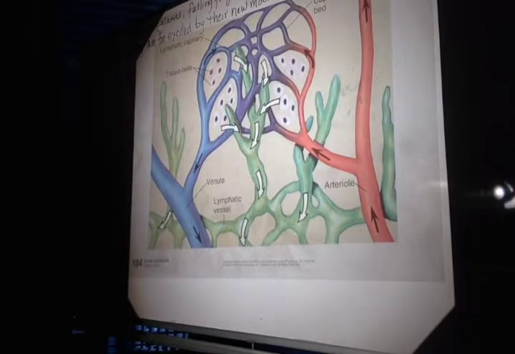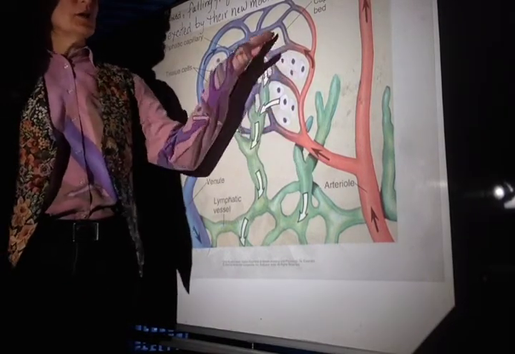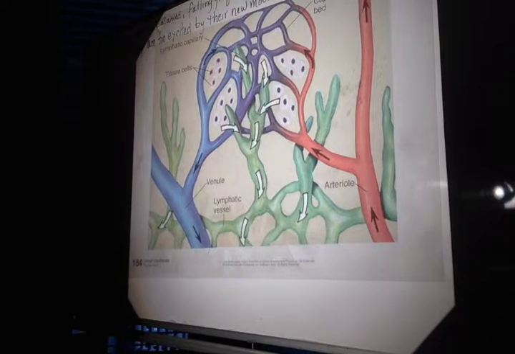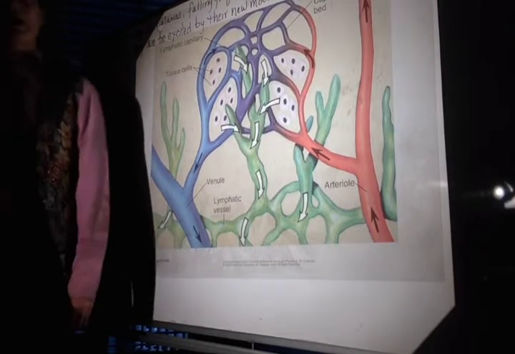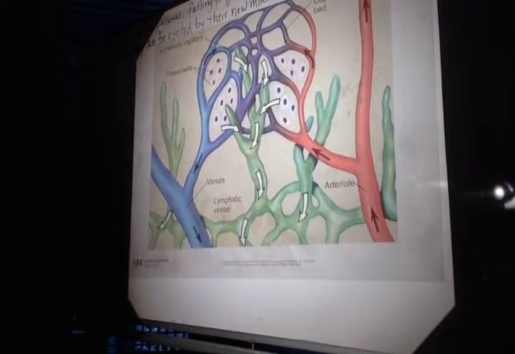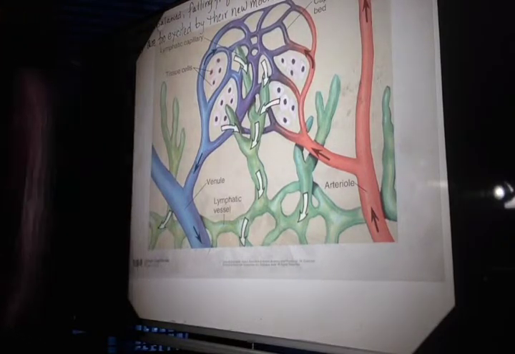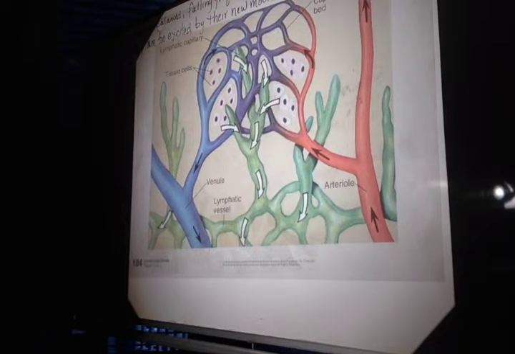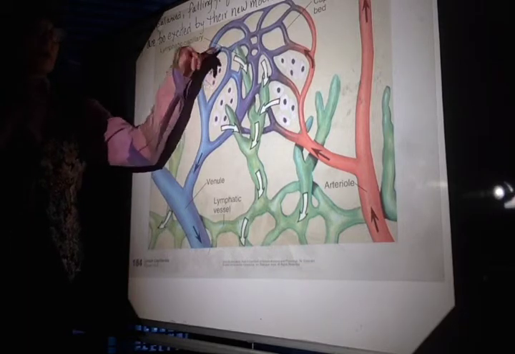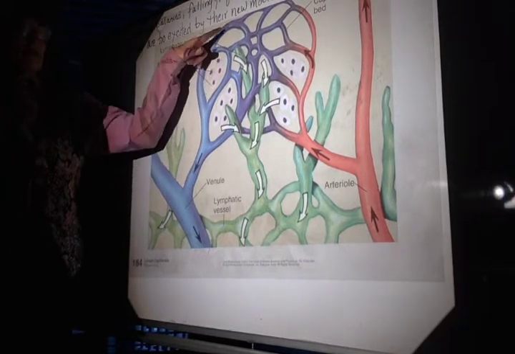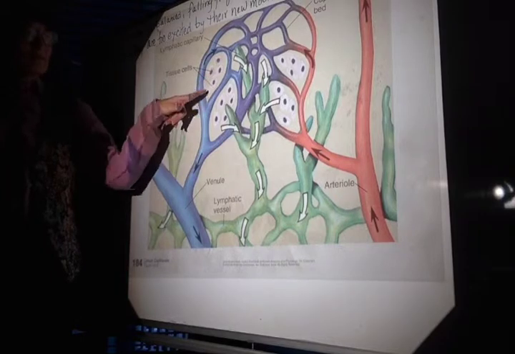All capillaries leak. Okay? So as the fluid comes in here under hydrostatic pressure, some of it is going to leak out into the tissue spaces. So hydrostatic pressure causes fluid to leak out. We do have another influence on where fluids go, and that is osmotic pressure. Osmotic pressure is especially active on the venous side.